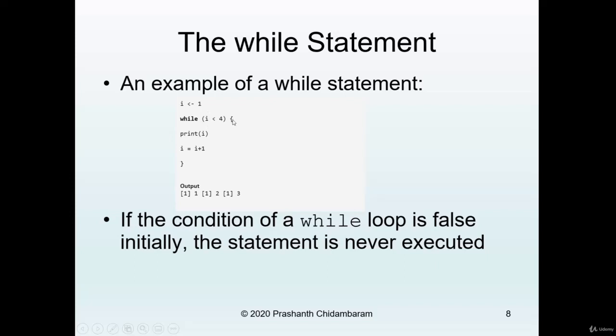This condition is true, and the next part is it prints 1 and then increments i to 2. 2 is again less than 4, so it prints 2 and then increments i to 3. 3 is again less than 4, so it prints 3, and then i becomes 4. 4 is not less than 4, so the while loop is closed here. The final output is 1, 2 and 3, the iterations that are printed.